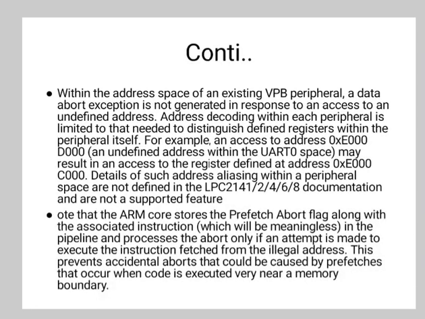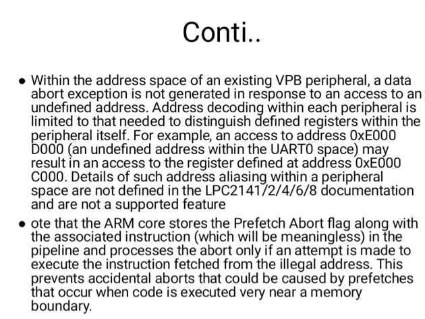For example, an access to address 0x000 D000, an undefined address within UART 0 space, may result in the access to the register defined at address 0x000 C000. Details of such address aliasing arising within a peripheral space are not defined in the LPC 2141 documentation and are not a supported feature.